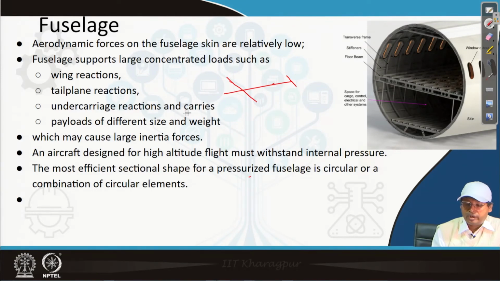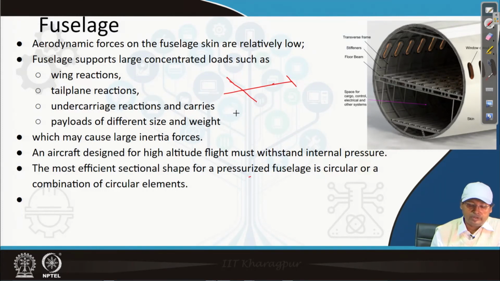Undercarriage reactions, and it carries payload of different size and weight. Whatever undercarriage reaction comes, whenever it is within the fuselage, as for a cargo aircraft like the AN 225, all those landing gears were attached to the fuselage.